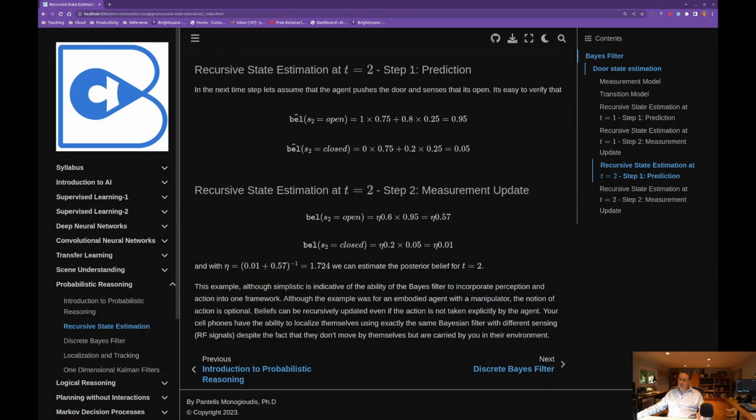But more importantly, we will be dealing next with the continuous case: a single-dimensional continuous space for my state and the measurements, and both of these probability distributions will be Gaussian instead of discrete.